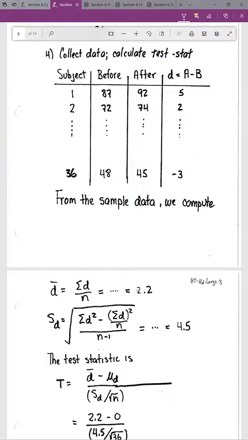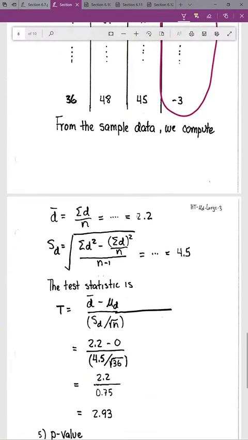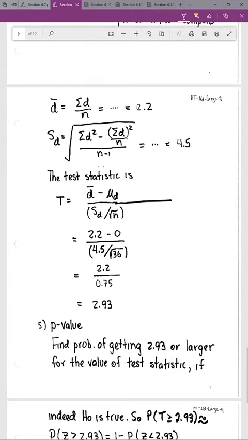So same as we did for small data, we have our subject numbers, before and after data, and then our last column will be to calculate our differences. From our sample data, we can compute our sample difference mean and our sample difference standard deviation. In this case, our mean sample difference is going to be 2.2, and our sample standard deviation will be 4.5.